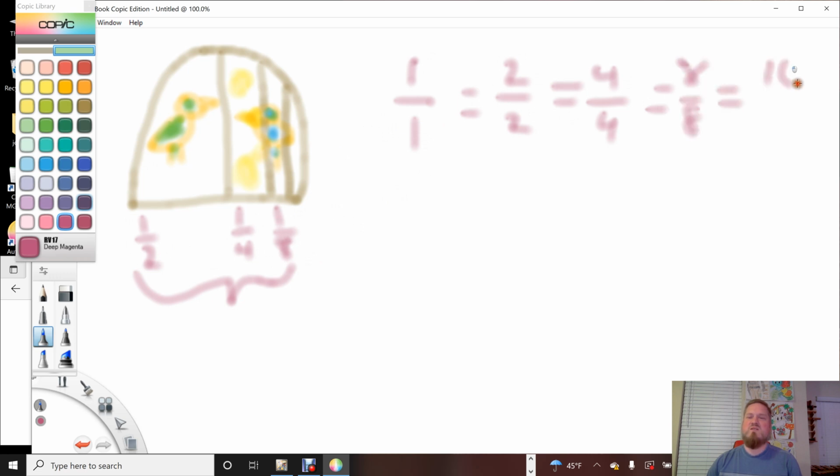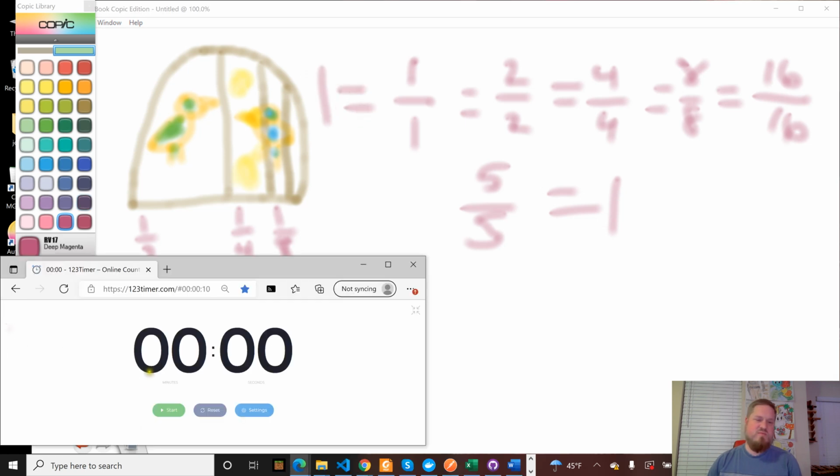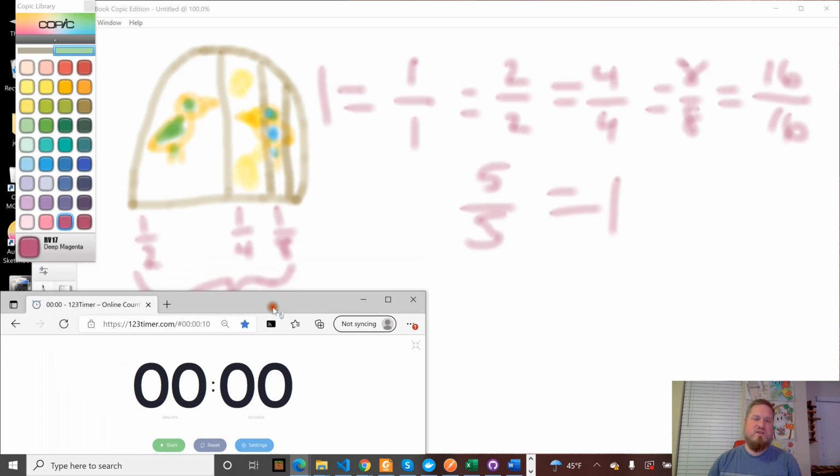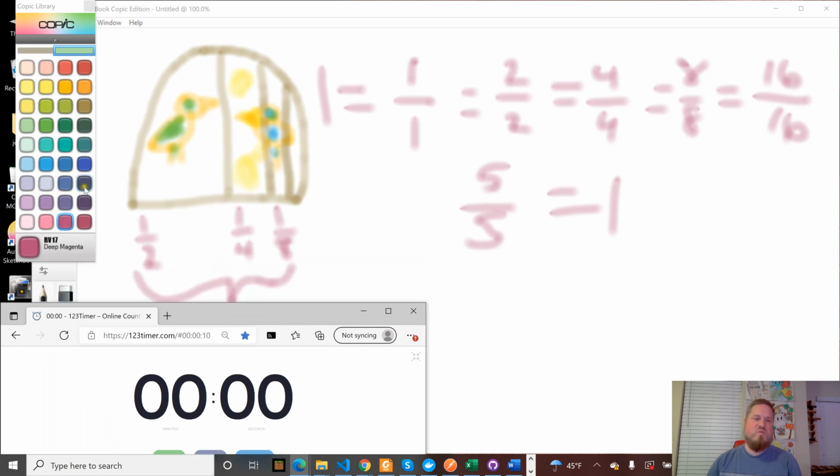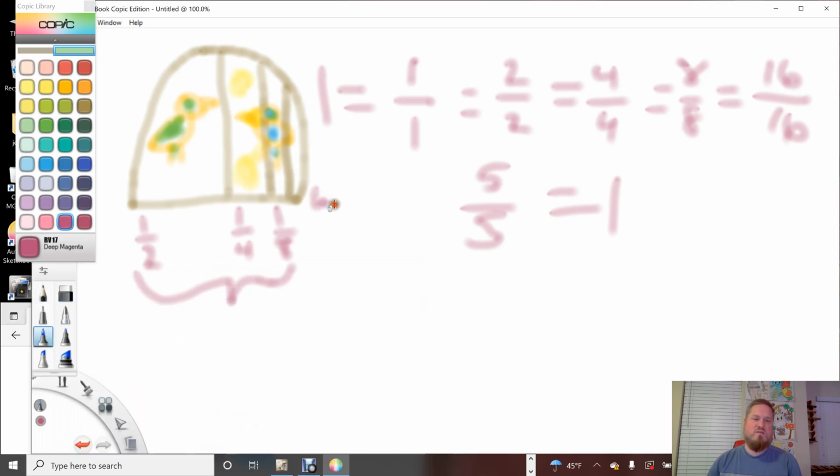Or for sixteenths, 16/16. Any number over itself as a fraction is just equal to 1. All right, so here's the pause timer to pause and find out how much are white, which is this last section. We don't know what size it is based on the bars. You've got to do the math.